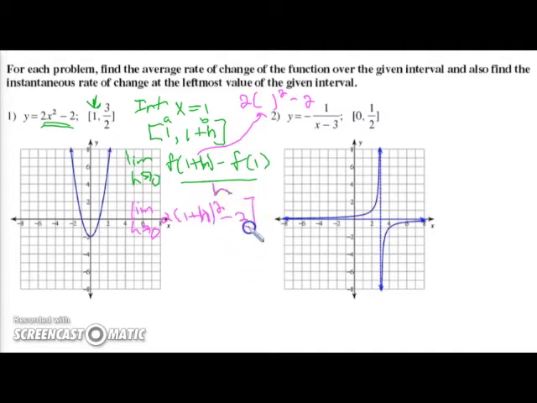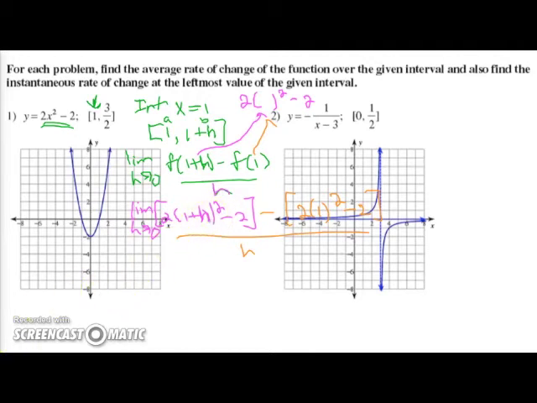Okay? This is the front minus the back. Take 1 and plug in here. So I'm going to get 2 times 1 squared minus 2, and that's going to be all over h.